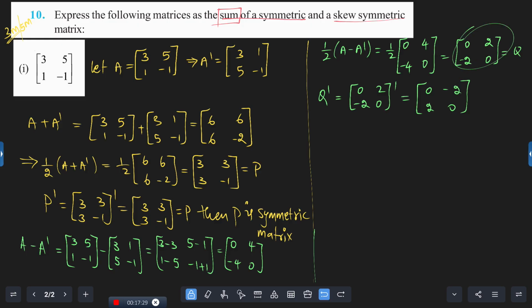No. So for that, what do we have to do? Take the negative outside. If you take the negative outside, plus 2 you will be getting, here minus 2, and this will be 0. So finally Q dash is equal to minus Q. Then what can we say? Then Q is a skew symmetric matrix.